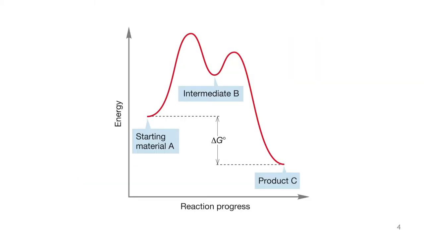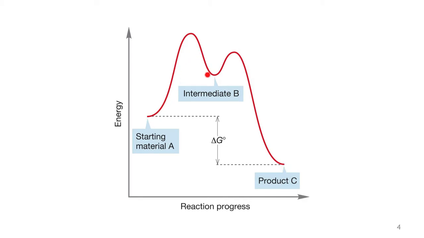Some reactions proceed in a series of steps, but still may be thermodynamically favorable as long as the starting material and the final product have a negative delta G of sufficient magnitude. As long as any intermediate energy barriers can be overcome, the reaction should proceed.